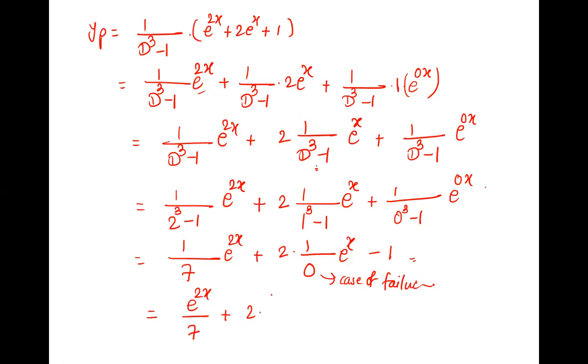What is the derivative? 2d square, and the derivative of 1 is 0, into e raised to x. Plus, oh sorry, here it is minus. This answer is also done. We can write minus 1. Only this part we need to solve. These two are already done. Okay, so we go next.